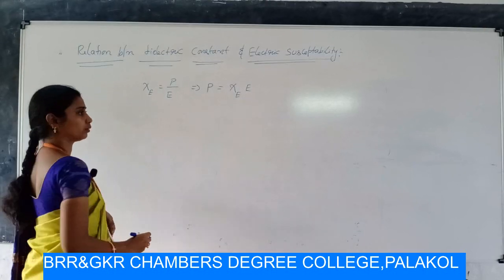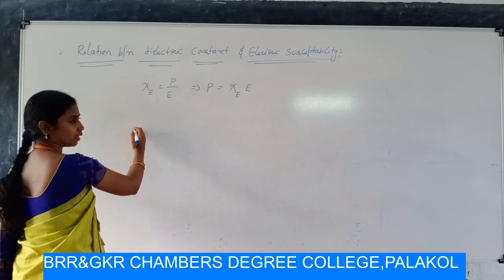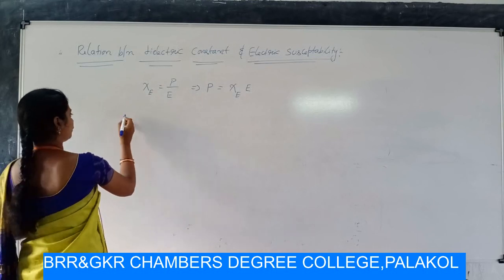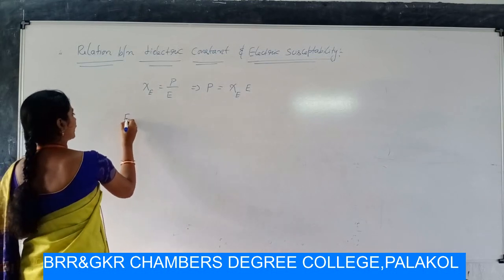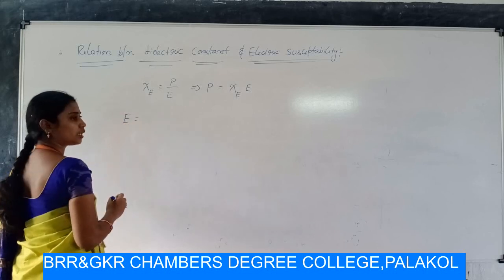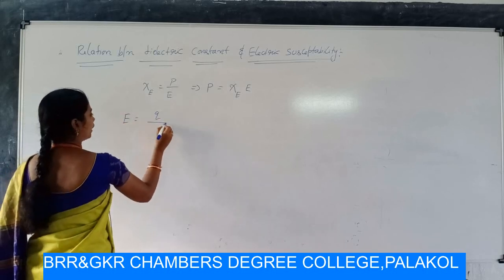Also, from Gauss law applied to dielectrics, electric field strength E is equal to Q by K epsilon naught.